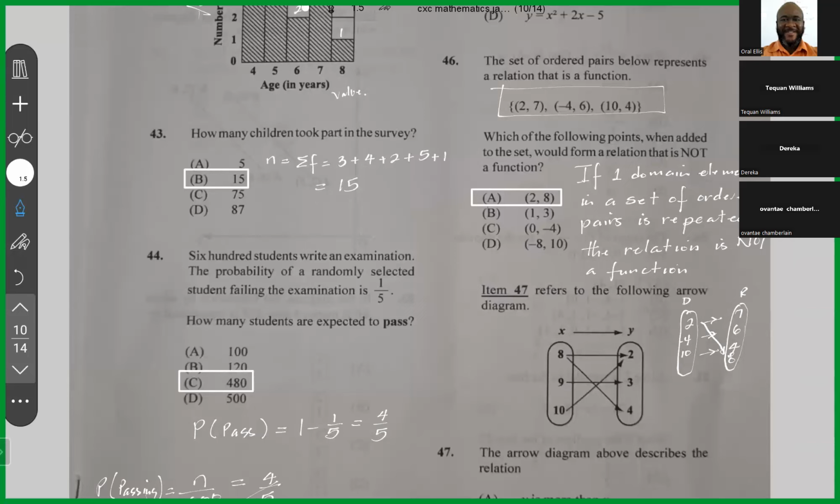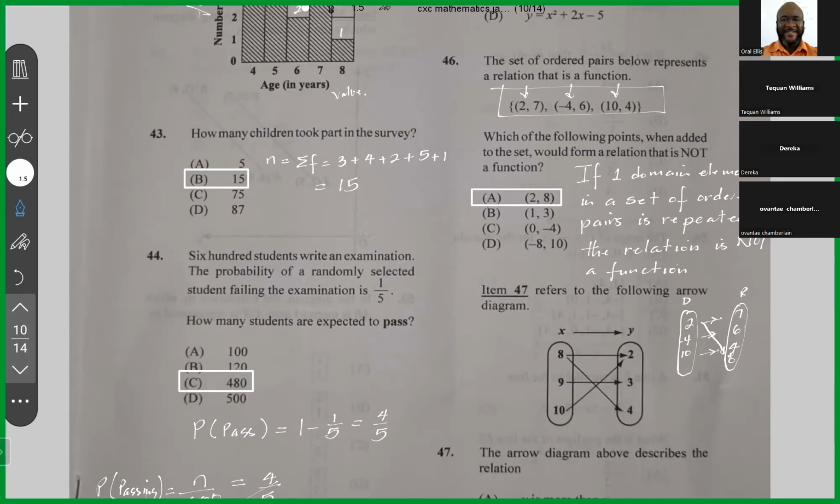So here's what I wrote. If one domain element in a set of ordered pairs is repeated, the relation is not a function. So any number, notice the domain elements are what? The domain are the x values. They cannot repeat. If they repeat, the relation is not a function.